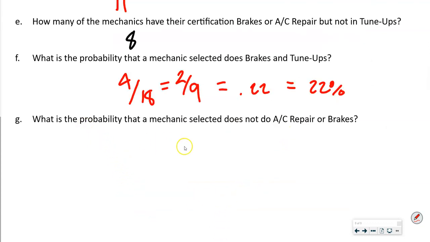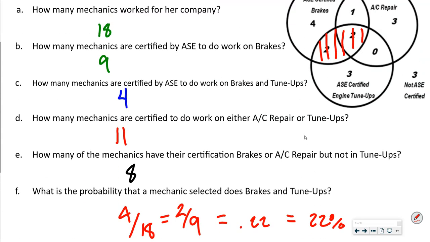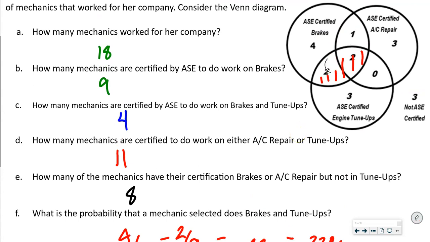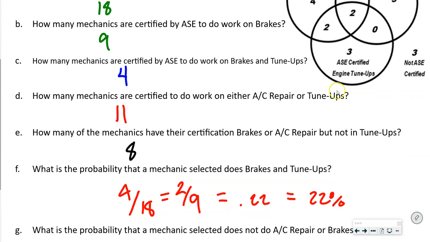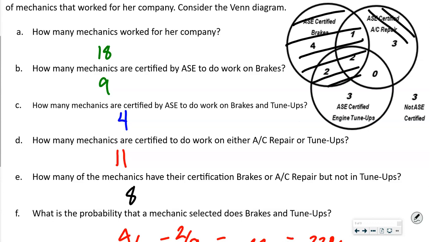Then it says, what is the probability the mechanic selected does not do AC repair or brakes? Okay, so doesn't do AC repair or brakes. AC repair is here, brakes is there. So if it's everybody who doesn't do this stuff, that means these are all the people that do brakes, and these are all the people that do AC, right?